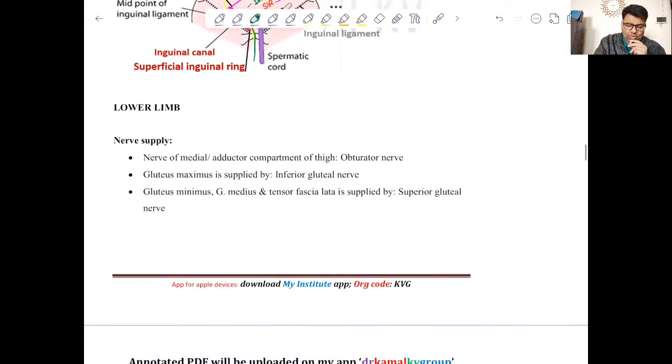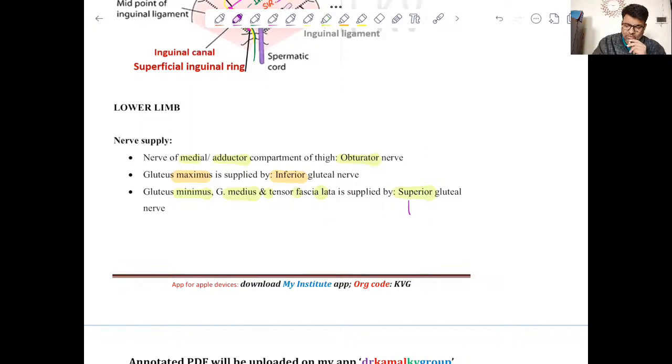Then moving forward to the lower limb, the nerve supply of the medial or adductor compartment of the thigh is the obturator nerve. Okay, so the adductor or medial compartment is the obturator nerve. Then gluteus maximus is supplied by the inferior gluteal nerve, whereas gluteus minimus, medius and tensor fascia lata are all supplied by the superior gluteal nerve.